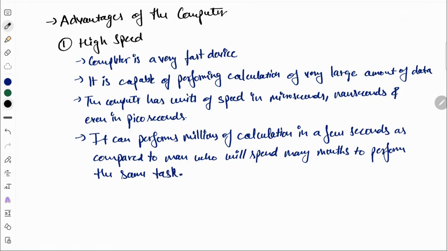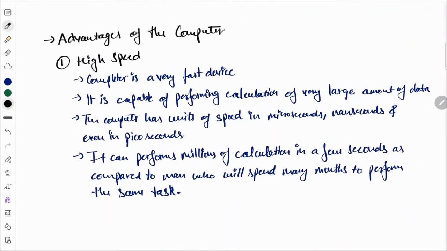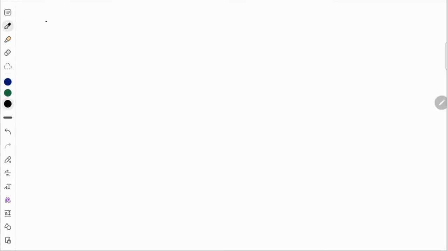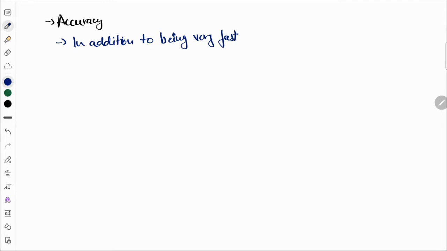Next advantage is accuracy. In addition to being very fast, a computer is very accurate. The calculations are 100% error free.